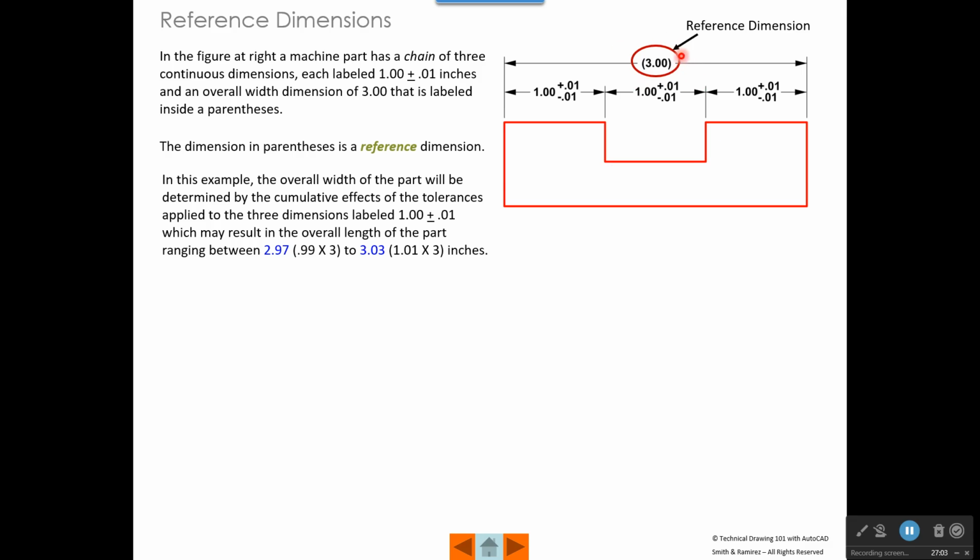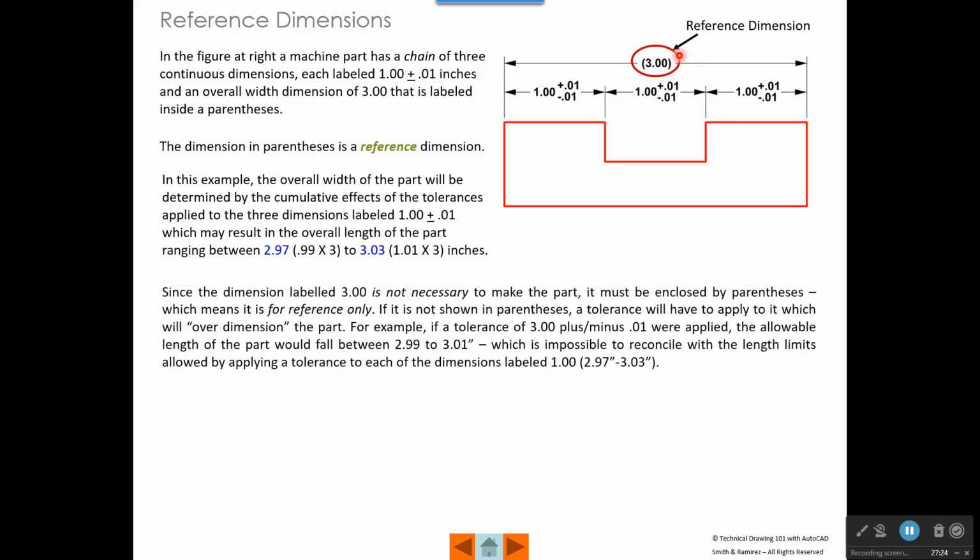So the dimension we have up here differs quite a bit from 2.97 and 3.03. So we put it in parentheses and we say this is just for reference only. When you make the part, use these dimensions here and add the tolerances to them.